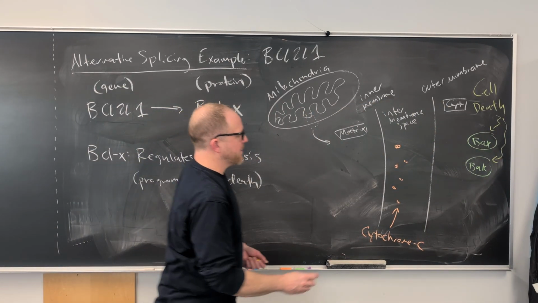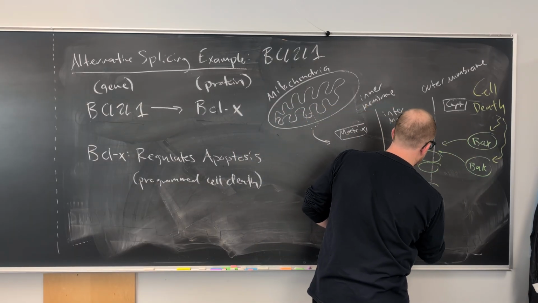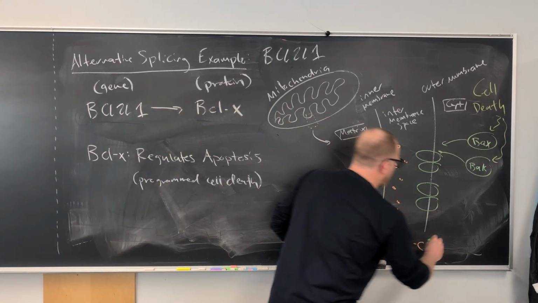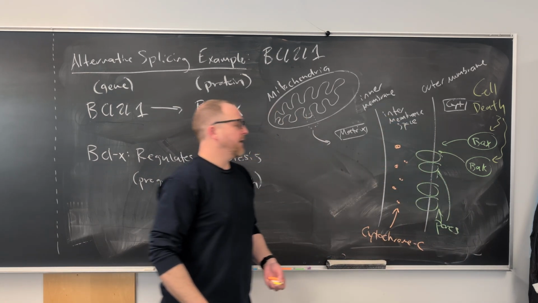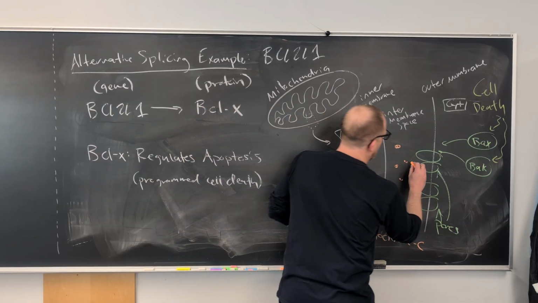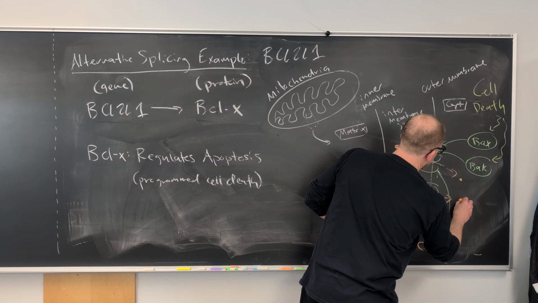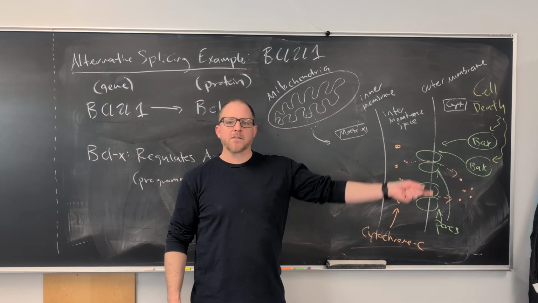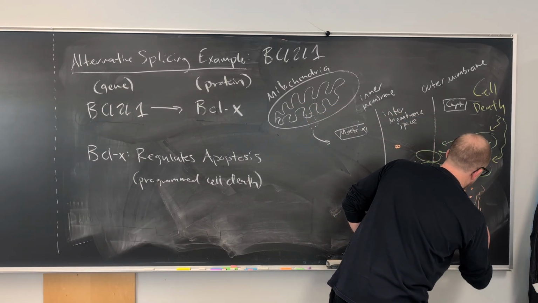As a result, these proteins localize to the outer membrane of the mitochondria and produce pores here and here. Those pores are permeable, importantly, to cytochrome C. So these pores allow cytochrome C to exit the intermembrane space and enter the cytoplasm, and it then activates other proteins to activate apoptosis.